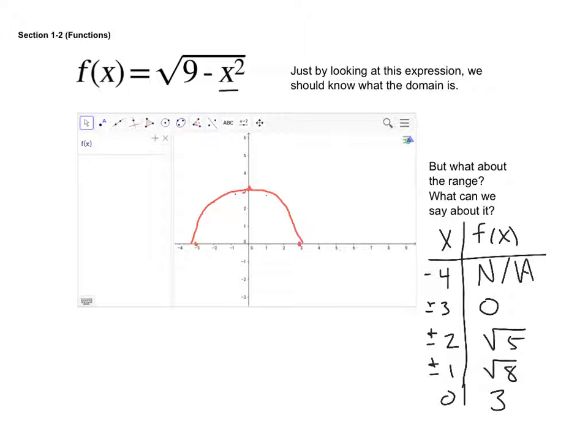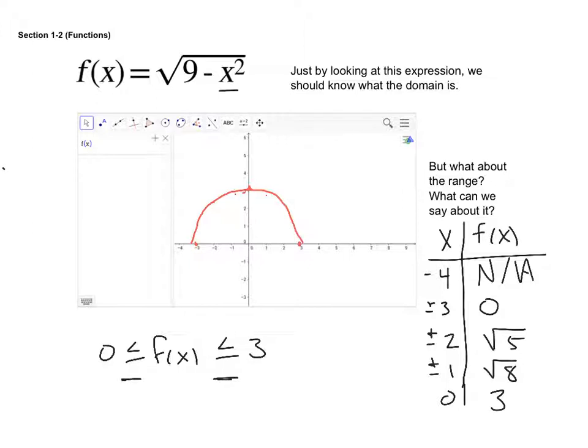So let's think. What is the range of this function? Well, the range is any number. So the range, remember, f of x is between, and I'm going to use less than or equal to, and we'll talk about that in a second, 0 and 3. And why is it less than or equal to and not just less than?